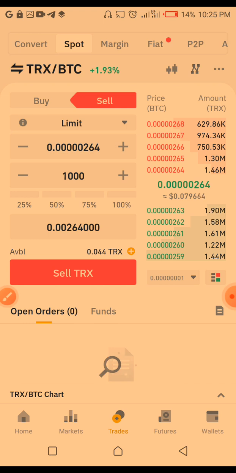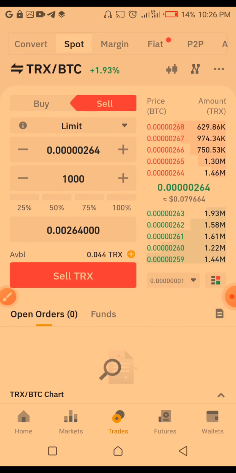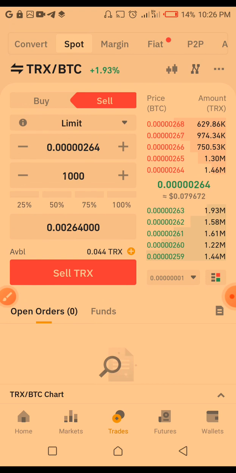So you can say you want to sell when the price reaches 263. Or, since you want to sell at a profit, you can say when the price reaches 0.000270.